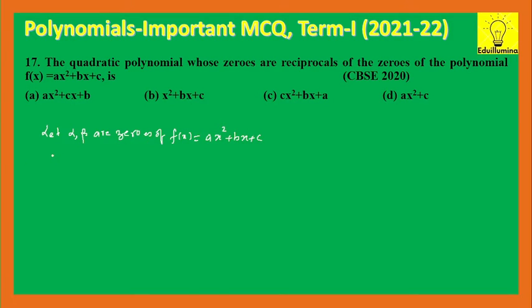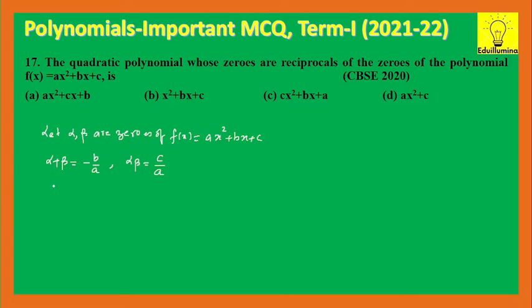So sum of zeros, alpha plus beta, is equal to minus coefficient of x upon coefficient of x square, and product of zeros, alpha beta, is the constant term divided by coefficient of x square.